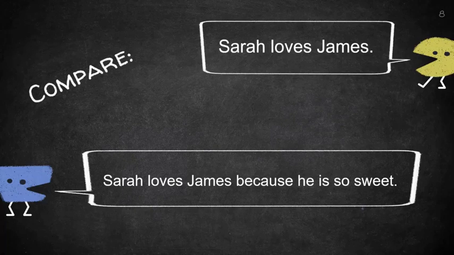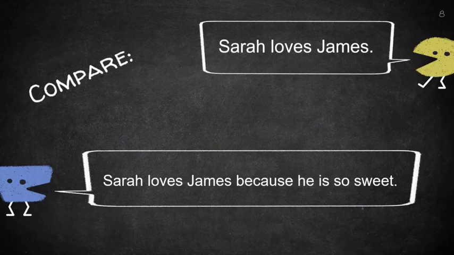So there are two clauses here combined together by the subordinating conjunction because, making it a complex sentence in grammatical terms. Okay, so if you remember your writing classes, you have three types of sentences. Simple sentence, one clause.